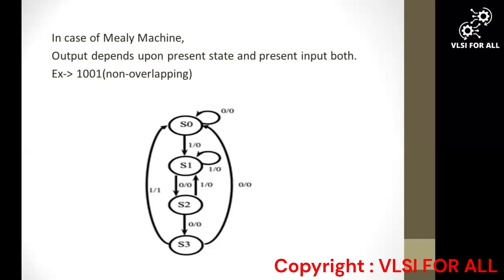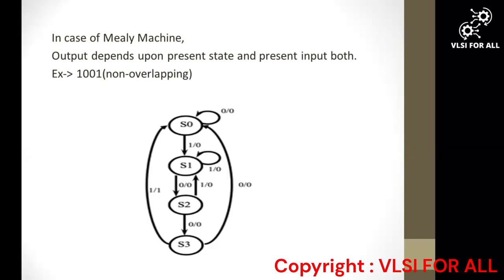So hope you have understood this state diagram, and you have studied this in digital electronics in a detailed manner. I am just showing it here in a very brief manner. By using this state diagram, we will now create a state table.